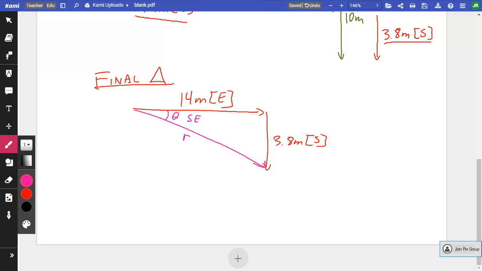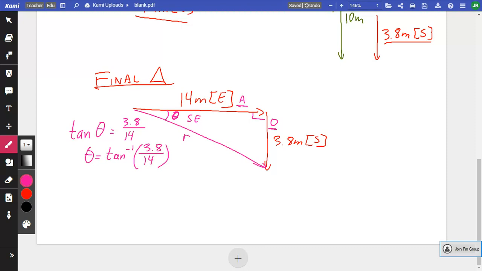So let's figure it out. The angle that we find, we use tan. So tan of the angle is the opposite over the adjacent, because that's what we know. This is the right angle, and we're thinking about this angle, so this is the opposite of this angle, and this is the adjacent. And so tan theta is 3.8 over 14, and that means theta is inverse tan of 3.8 over 14.